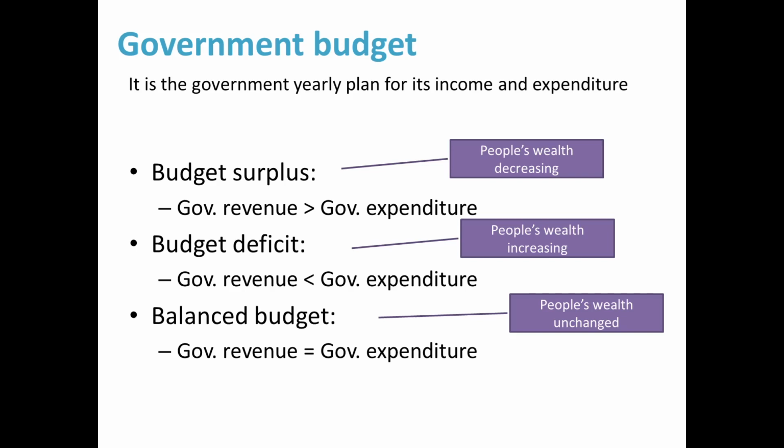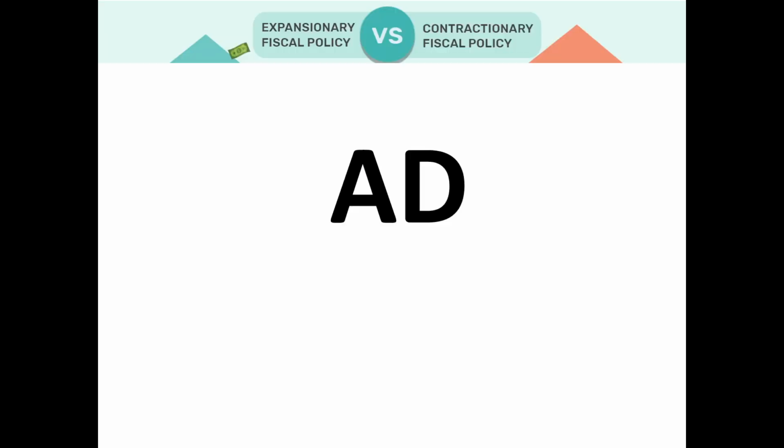It is always a 3D object. You need to look at it from different sides and different angles, and you will see something different. So that's government budget. Hope you get that idea.